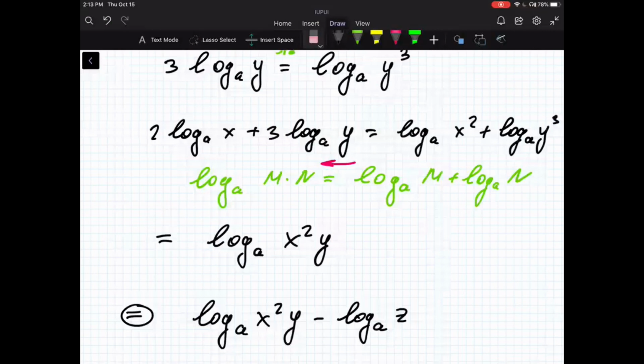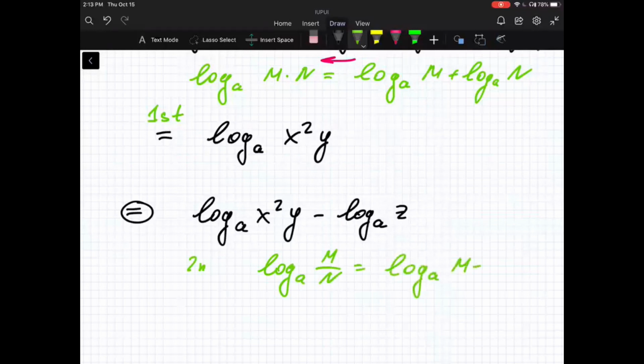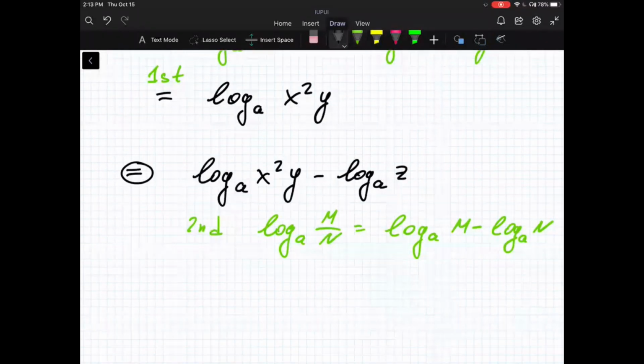Oh, sorry, it's not the second property, I think it was the first one. Now I can use the second. The second one says that if I have the logarithm of a ratio, then it's the difference of the logs. So minus the denominator. That's how you can remember it.